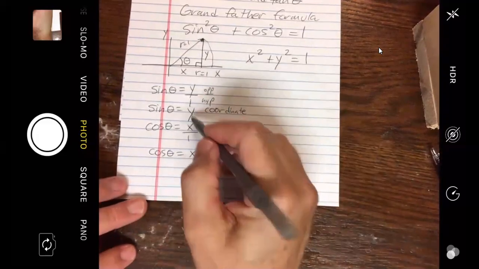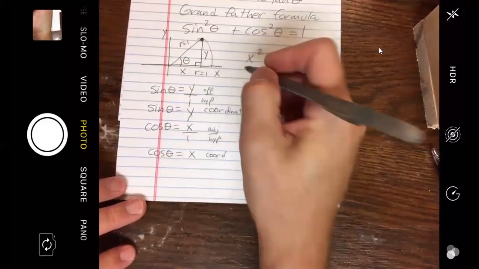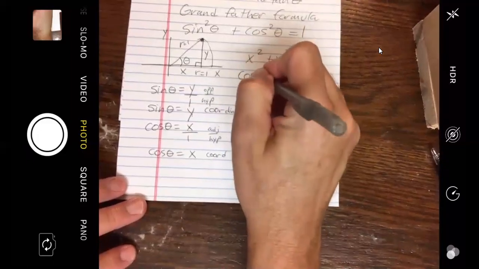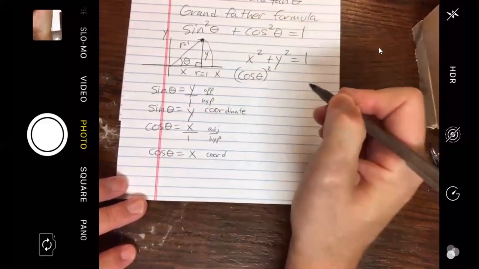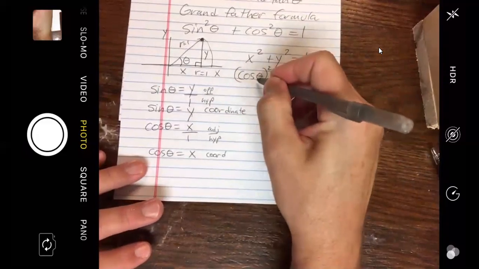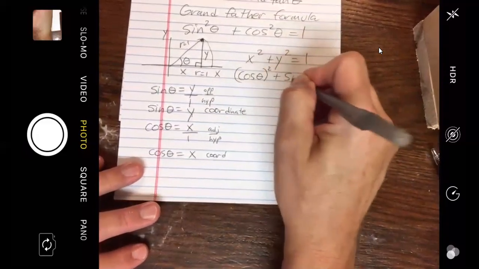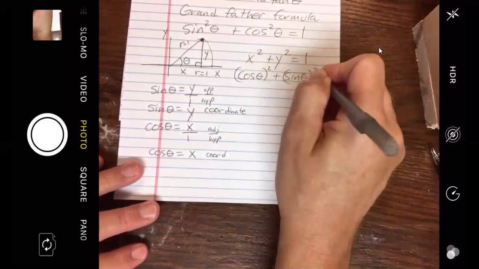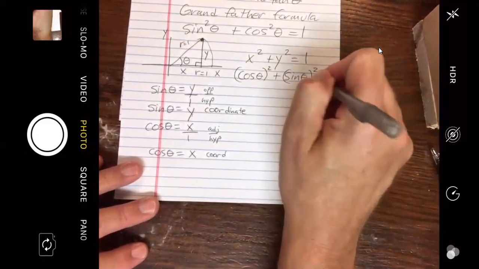If I plug these in, x is cosine theta, squared, and y is sine of theta, squared, equals 1.